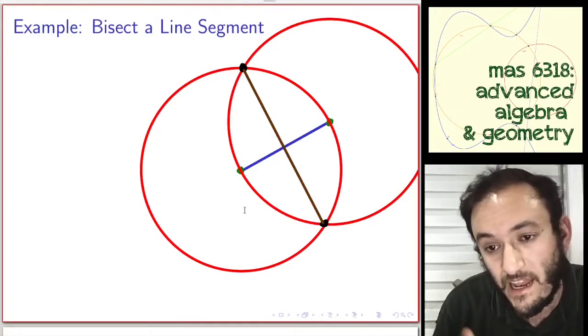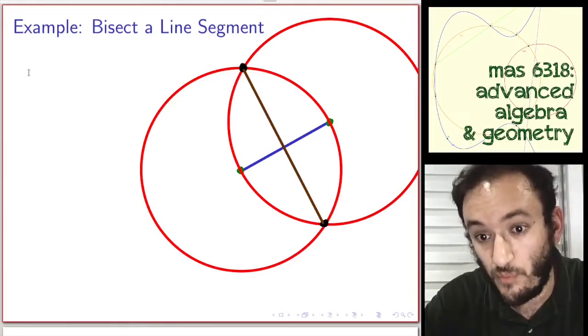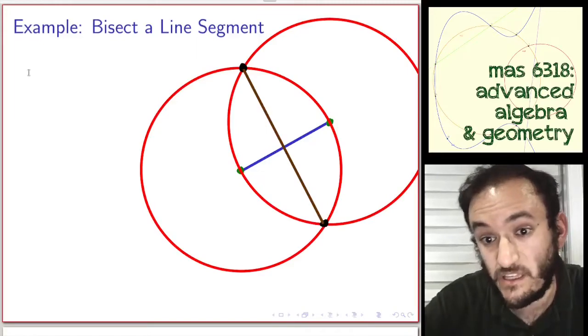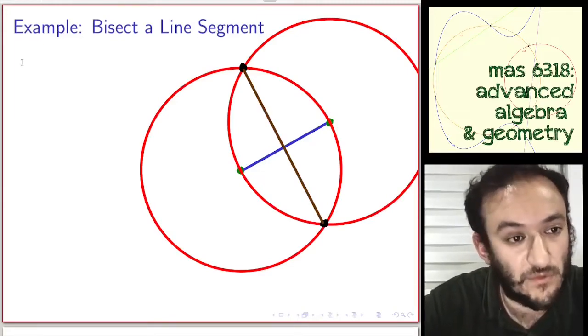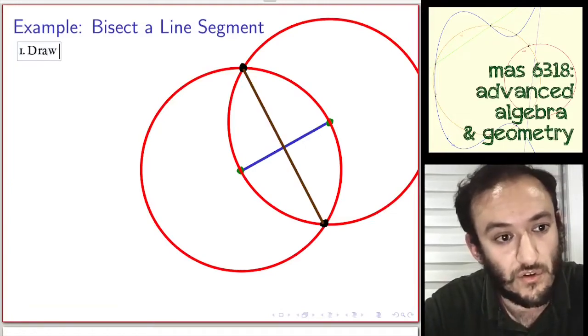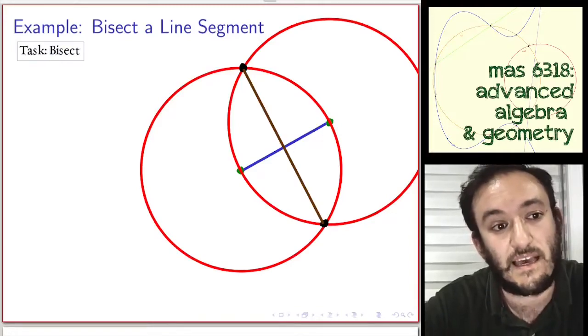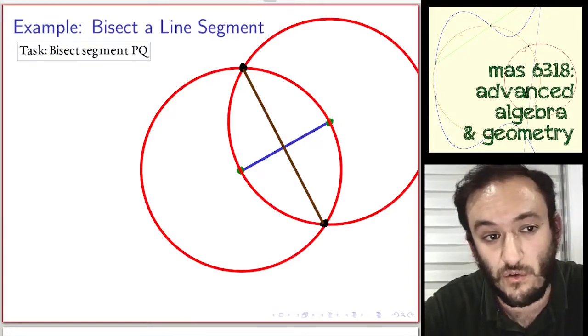So you notice that at every step, we're making line segments and circles that involve points that are precisely specified by our previous steps. So if we had to write down exactly how this went, we would say: our task is to bisect the segment PQ.